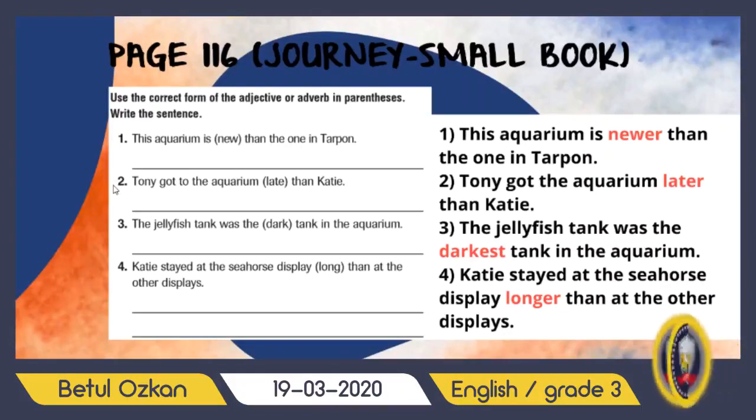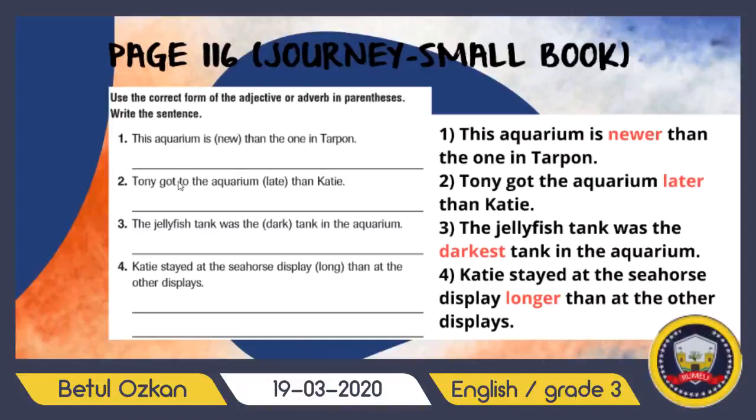Okay, let's check the second sentence together. Let's read it first. Tony got to the aquarium late than Katie. So, in this sentence, I can see "than". If I can see "than", I compare 2 people here. I compare Tony and Katie.